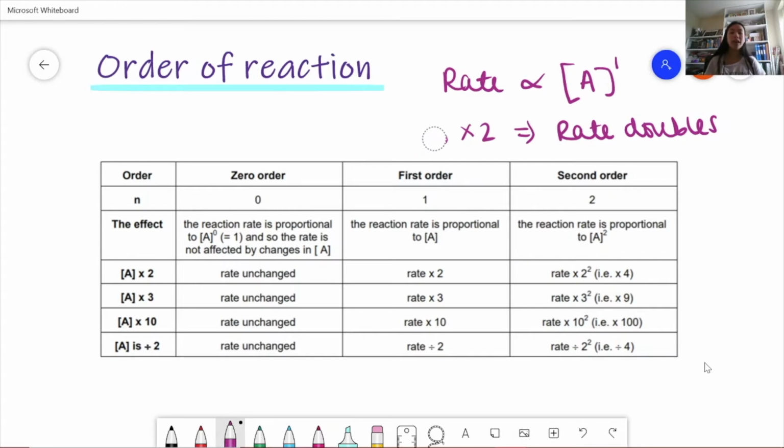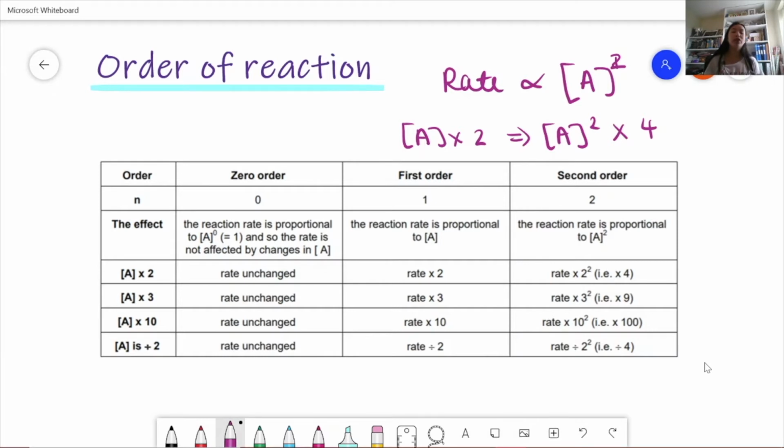And then for the last column, when you have n equals 2, so you have rate is directly proportional to the concentration of A to the power of 2. So that means that when you double A, so let's say you have A times 2, that means that A squared will be times 4 because the concentration of A doubles.